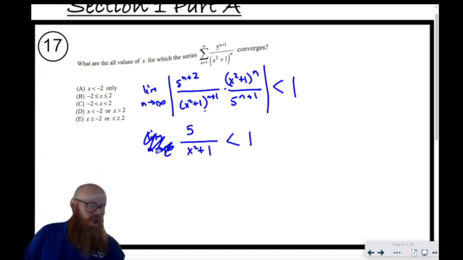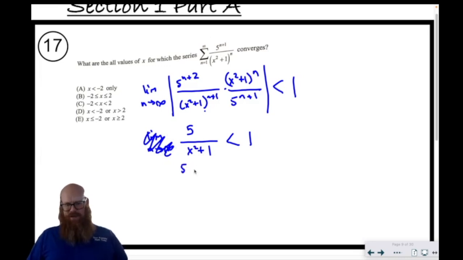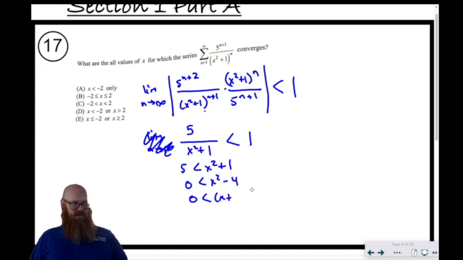All right, so I need to solve this inequality. So I get 5 is less than x squared plus 1, and then I get 0 is less than x squared minus 4. This is a nonlinear inequality, so 0 is less than (x plus 2)(x minus 2).